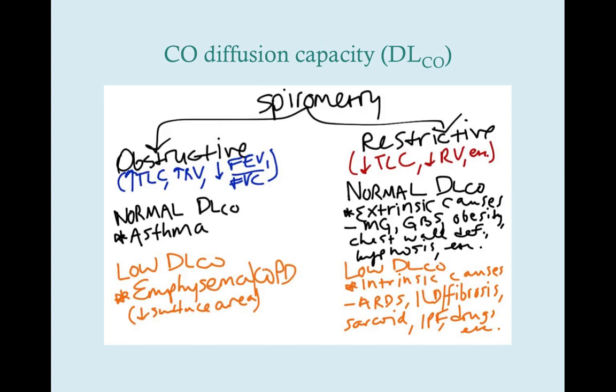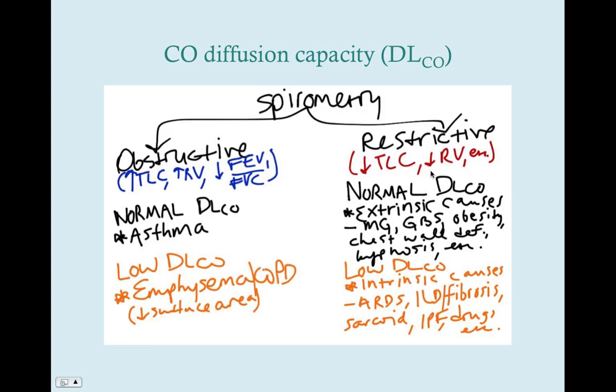I suppose you could have something that shows up like a restrictive disease where you have reduced volumes, but a normal DLCO, let's say if you only have one lung. So like the Pope, for instance, he's only got one lung. He'd have less lung capacity, less residual volume.